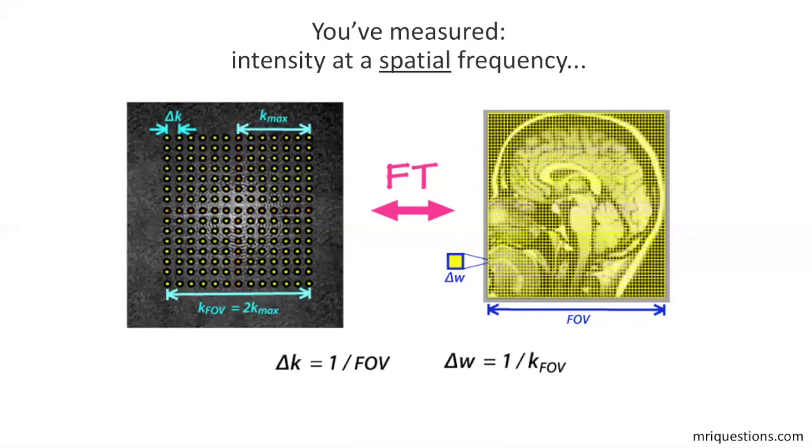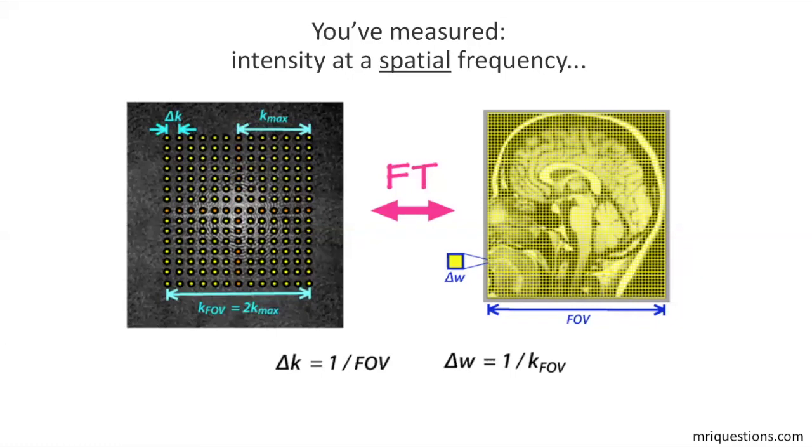And the relationships that you see here between K-space and image space are very important to remember, particularly as we get into some of the artifacts later. So the spacing between points or lines in K-space, delta K, is inversely proportional to the field of view of the image.